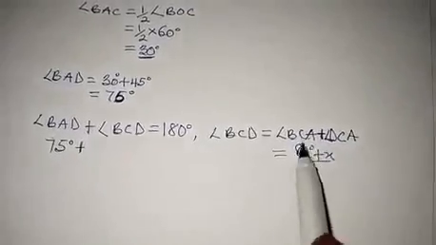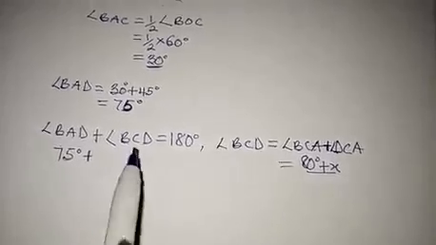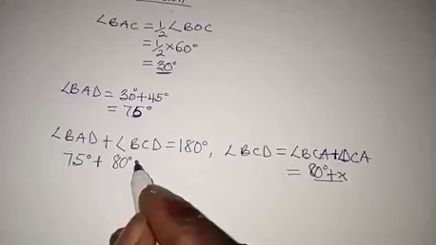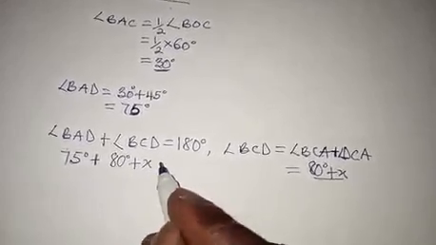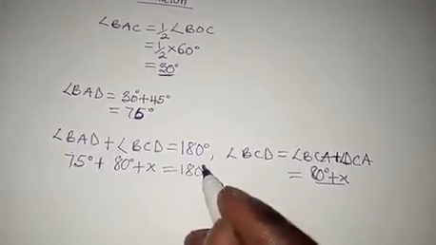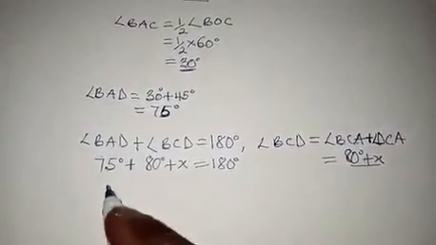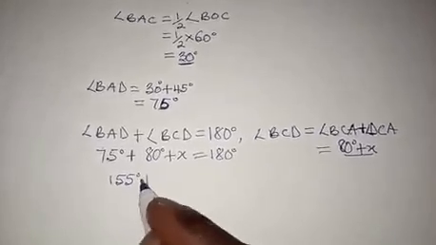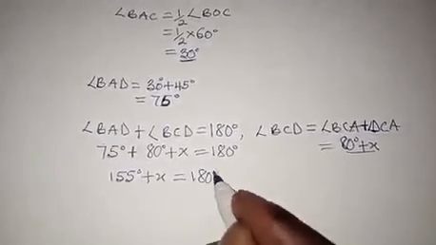So we substitute this into the equation and put 80 plus X. So we write 80 degrees plus X, which is equal to 180 degrees. If we add the 75 and 80, we get 155 degrees plus X, which is equal to 180 degrees.